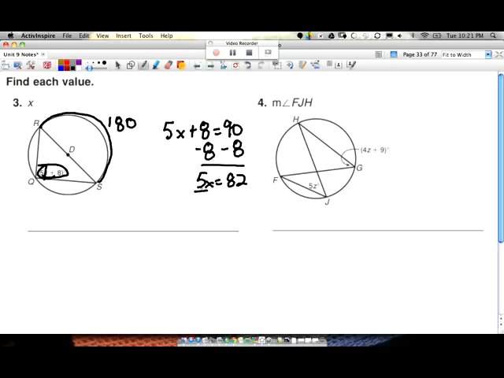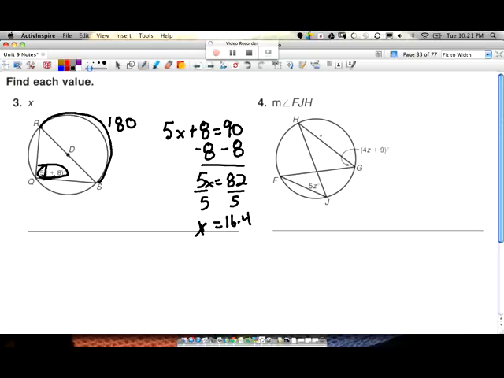Yeah, it is. So this isn't going to be exact per se. We divide each one by 5. We're going to get x equals, I don't know, what would that be? 5 goes into that 10 times, 16 times, and 2/5, 16.4, you could say.